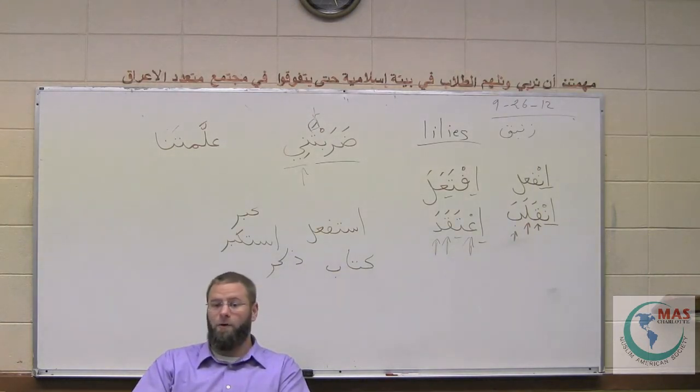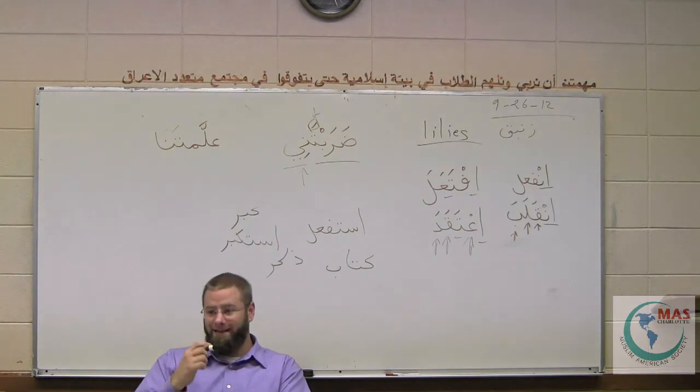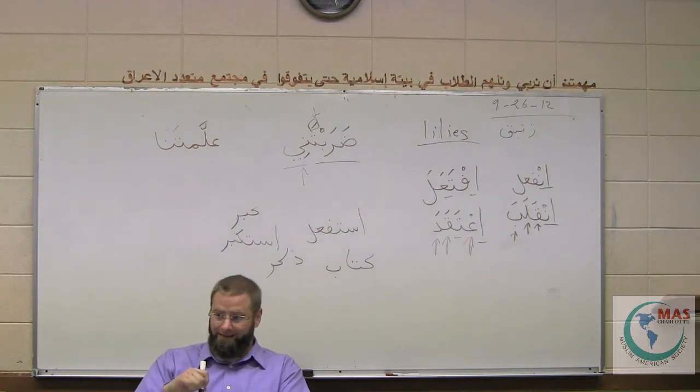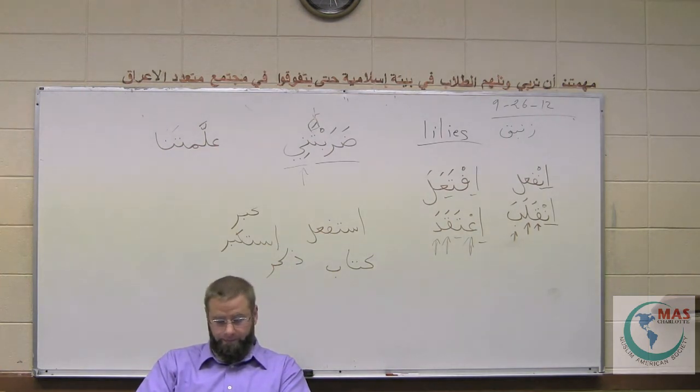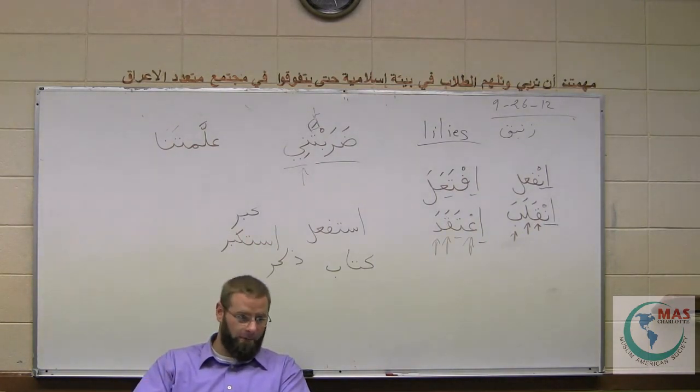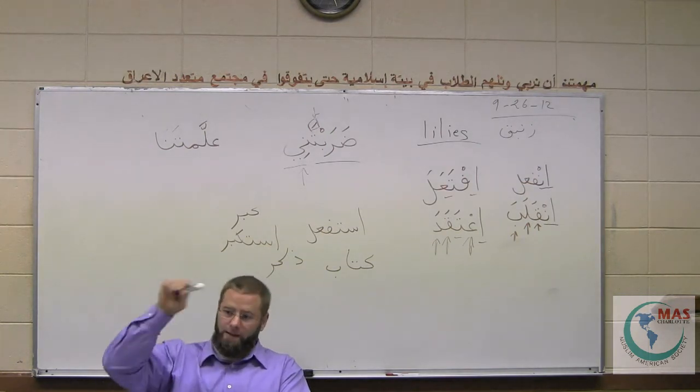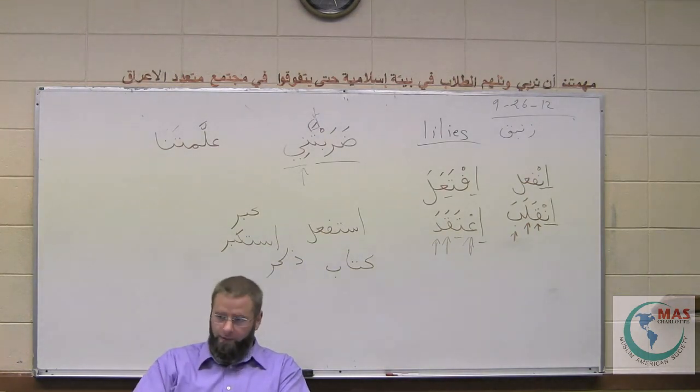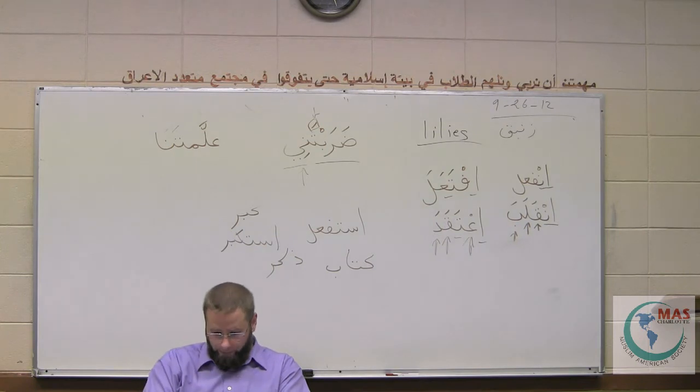For example, fa'alna, we did. Na means we did. Fa'alna. Katabna, we wrote. Sharibna, we drank. Jalasna, we sat. We're on column number 3, right under Rafa.